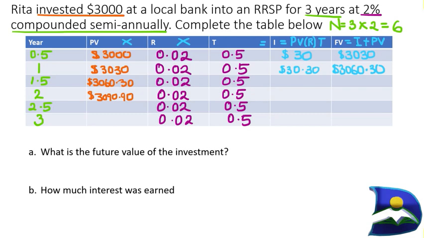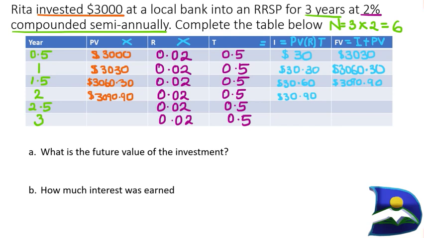The same thing, you multiply by the rate and time, and that gives you the interest, which in this case is increasing by close to 30 cents, and what we see is now $30.60, and thereafter you add the interest to your present value, and that gives you the future value, which is now $3,090.90, and that now becomes your present value for the next, which is heading into year 2.